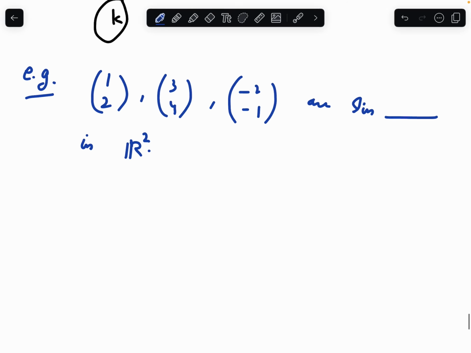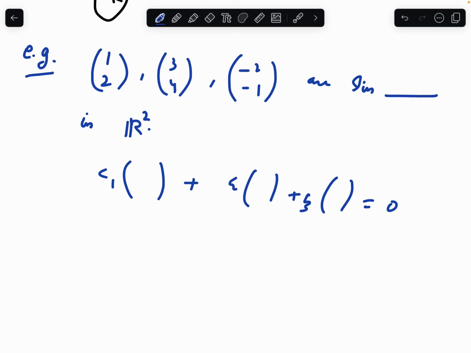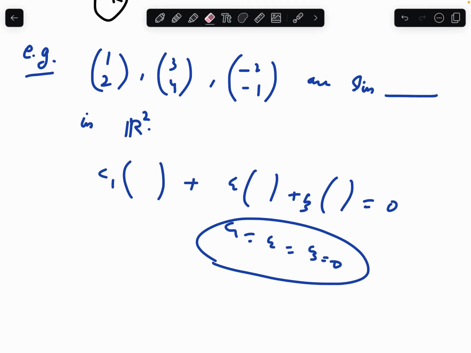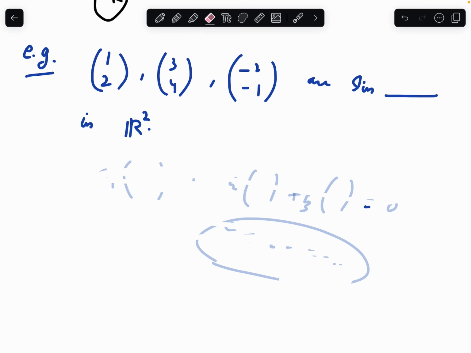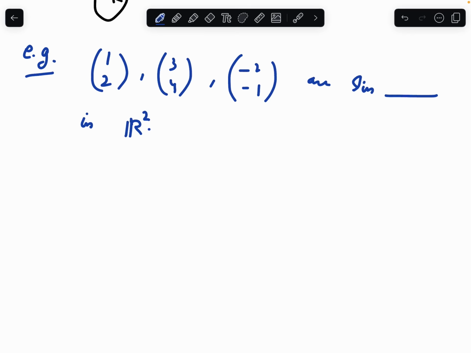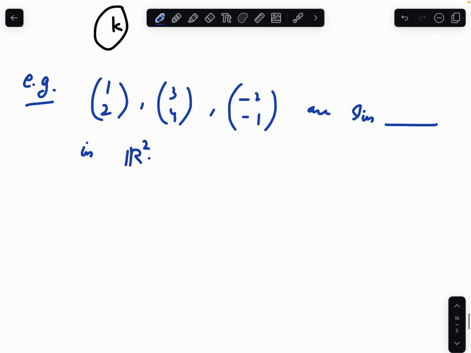To check, you have to write C1 times the first vector plus C2 times the second vector plus C3 times the third vector equal to 0, then solve this and see if you're getting C1 equal to 0 or not. This is a tedious process, right? Here you have vectors in R2, but imagine vectors in, say, R4 or R5, the computation will be lengthier. But this result saves you the calculations.